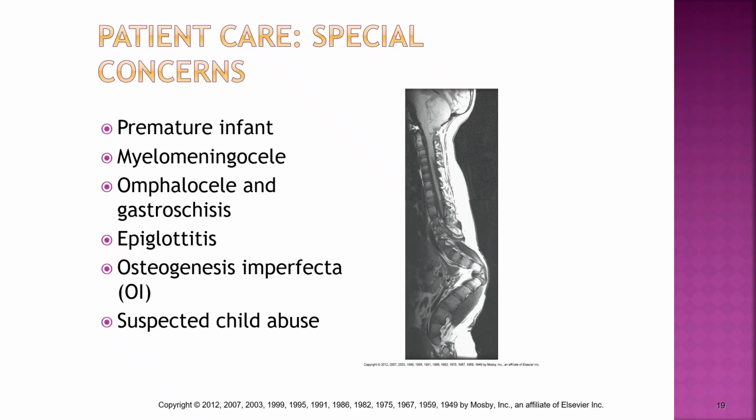Epiglottitis is a serious condition that's brought about by RSV and other causes of the common cold, and for whatever reason, it decides to inflame the lower pharynx and the epiglottis, and it could cause it to swell shut and close the airway. Okay, and so it's a very serious condition, and it is an emergent condition. Okay?